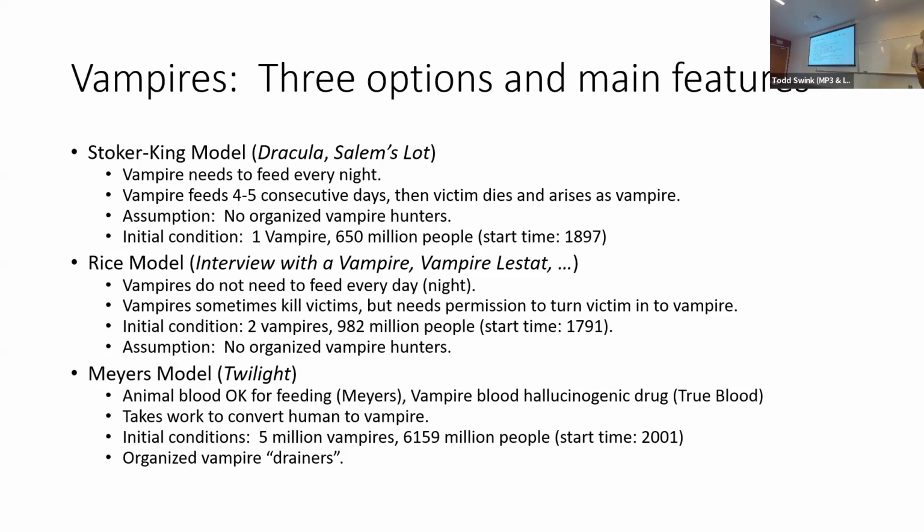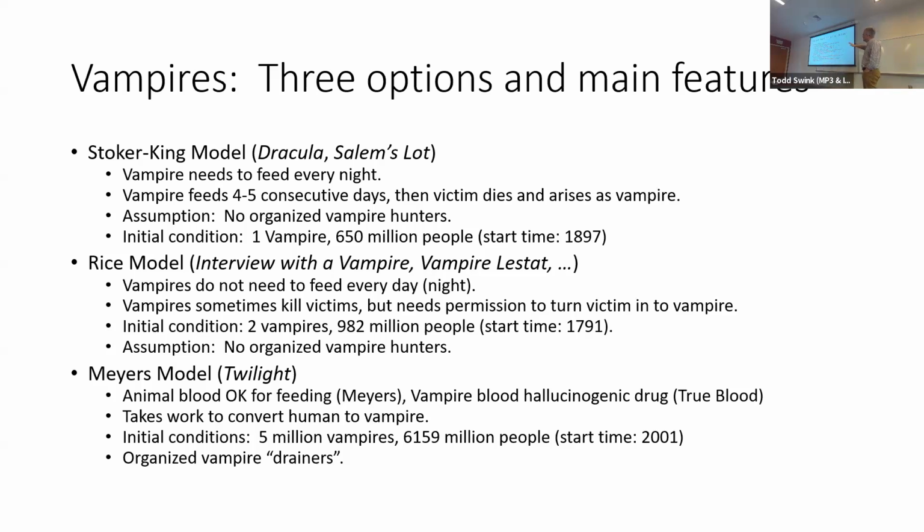But this paper compared three options. The Stoker-King model is Bram Stoker's original Dracula, which is written as a series of letters. You should all be reading that, it's October. And then Stephen King's Salem's Lot. Those vampires need to feed every night.